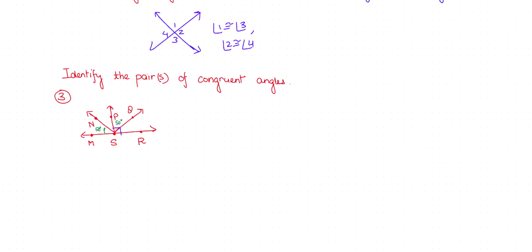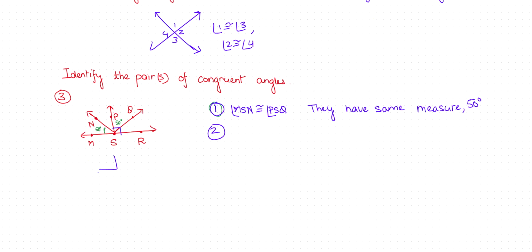So this is a diagram given to us and we have to identify the pair of congruent angles. So one given is MSN and PSQ, both have 50 degrees. So the second one is like we can see angle MSP and angle PSR.